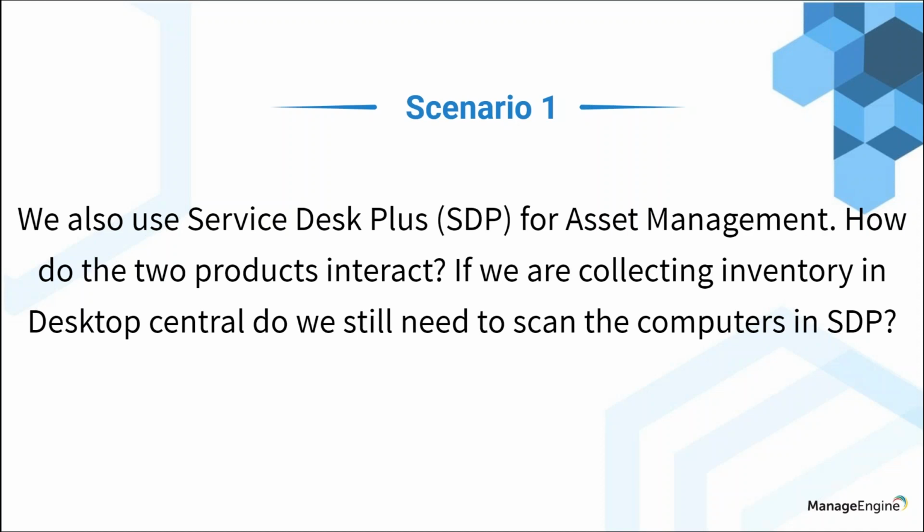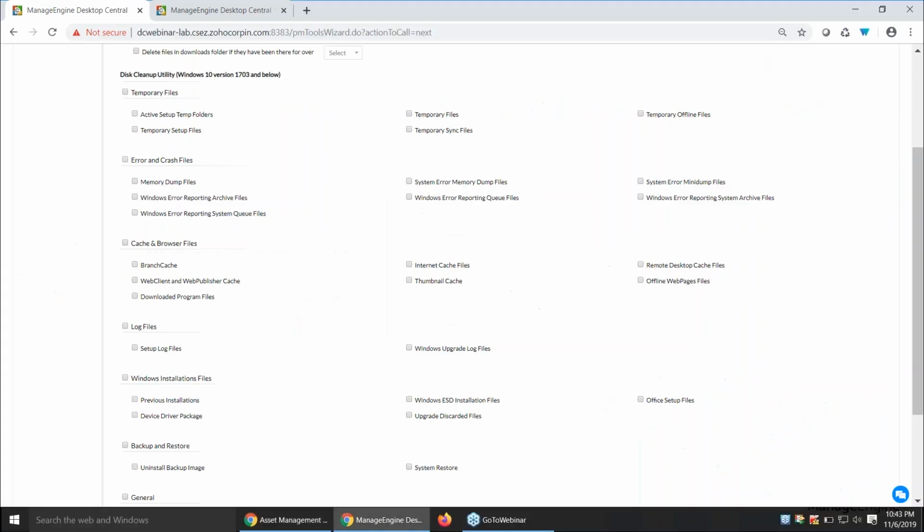So we also use Service Desk Plus for asset management. How do the two products interact? If you are collecting inventory in Desktop Central, do we still need to scan the computers in SDP? So for the first question, how do the two products interact? We have an integration option available in Desktop Central.